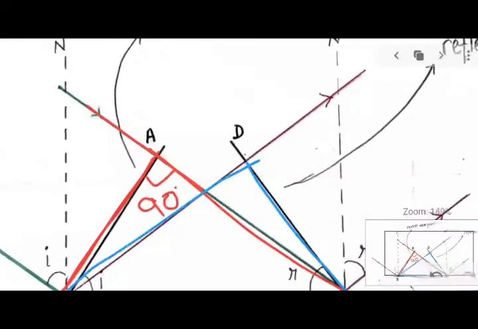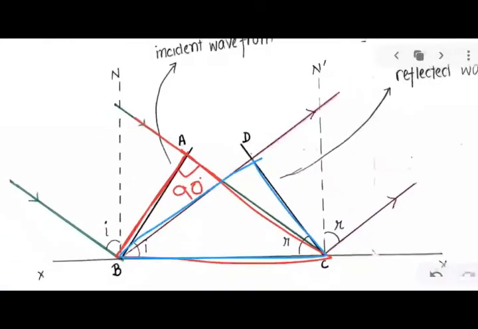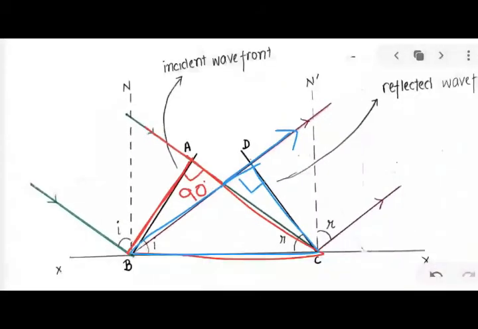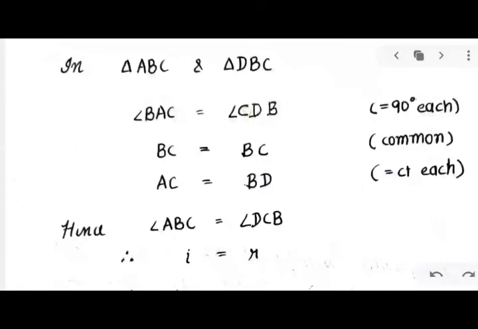Whereas in your triangle BDC, consider this angle. This angle will also be how much? 90 degrees. Again, using the same principle, the wavefront is perpendicular to the direction of propagation. So I have written angle BAC equals angle CDB because both of them equal 90 degrees each.